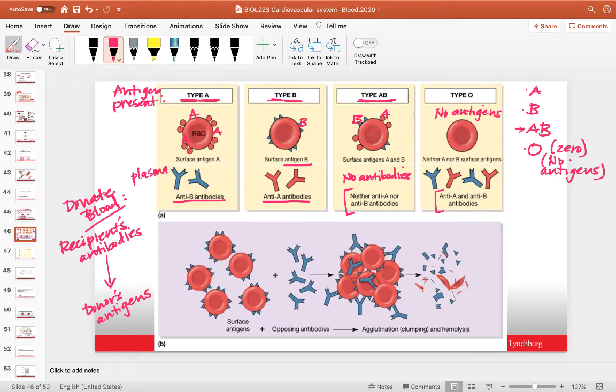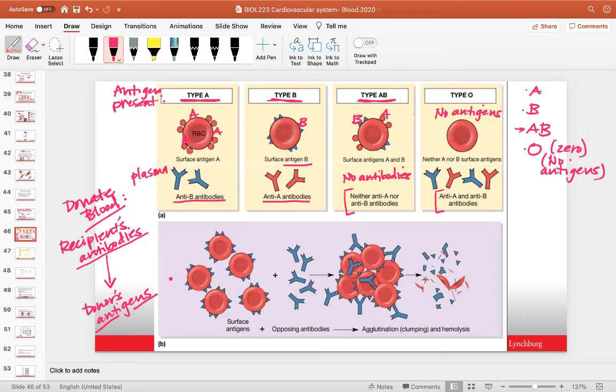Okay, so that's what's important. The recipient is the person receiving the blood. Their antibodies have the potential of reacting to the donor's antigens, the antigens that are present on the red blood cell of the donated blood. Okay, and those are the only two things that we need to worry about.